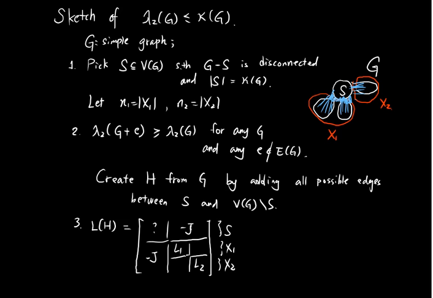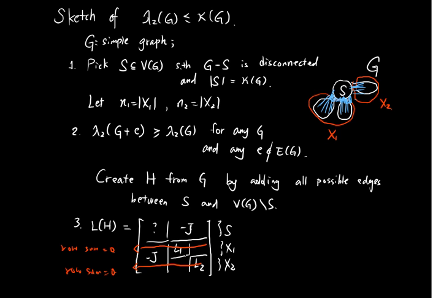Okay, how about L1 and L2? Again, they have the same structure, but the diagonal entry is a bit different. However, this is the Laplacian of H. So if you take one row here, the row sum is equal to 0. Same as here, it is equal to 0. So what does that mean?